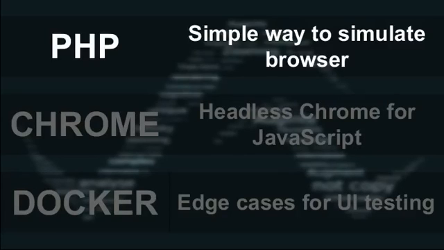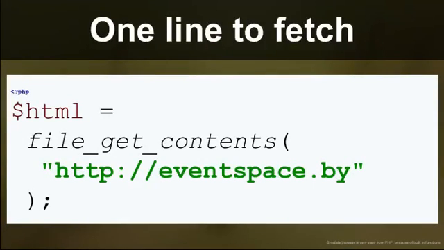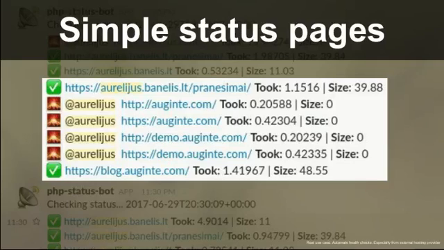So let's start from the PHP side, because it's PHP Night meetup, and I tried various programming languages, and in PHP it is the easiest way to download the content of a web page. You can say, so what, it is easy, what's the benefit? The benefit from my personal experience is that it is very easy to create a simple status page.